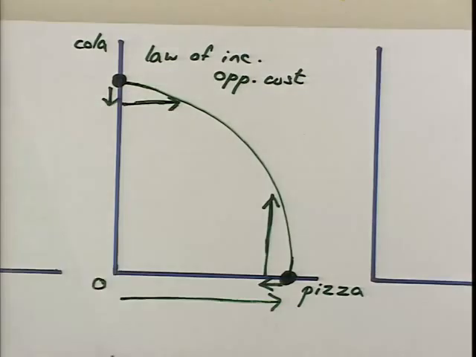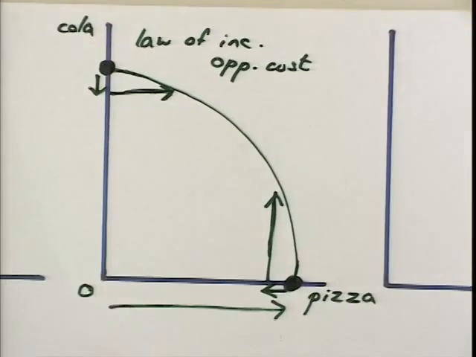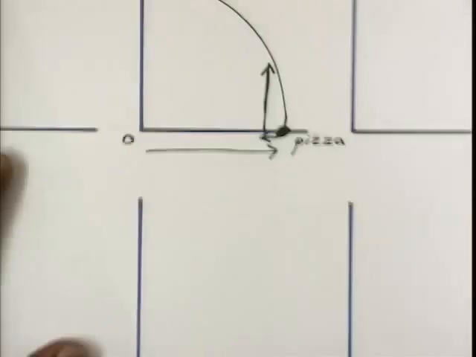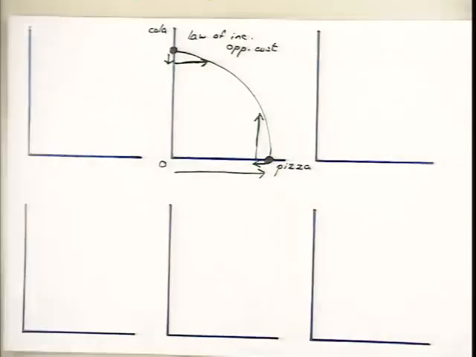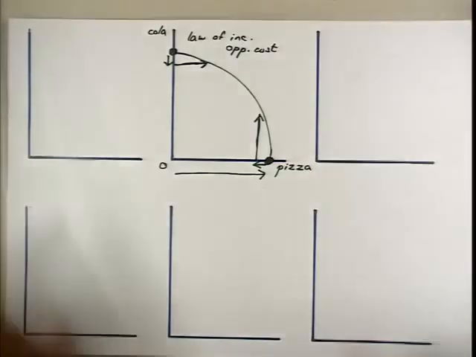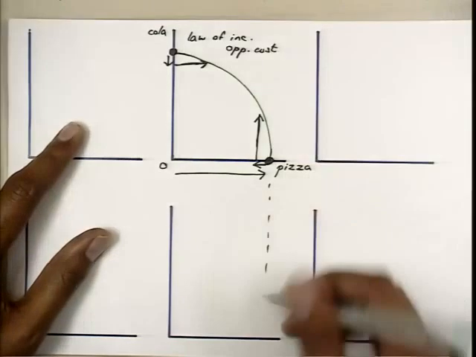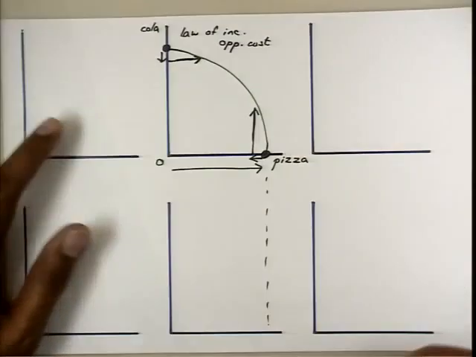But because resources aren't equally adaptable to making both products, the production possibilities ends up having a concave shape. It's called the law of increasing opportunity cost. Now, we use that, don't worry, you won't have 6 graphs. We use that to construct our marginal cost curve.